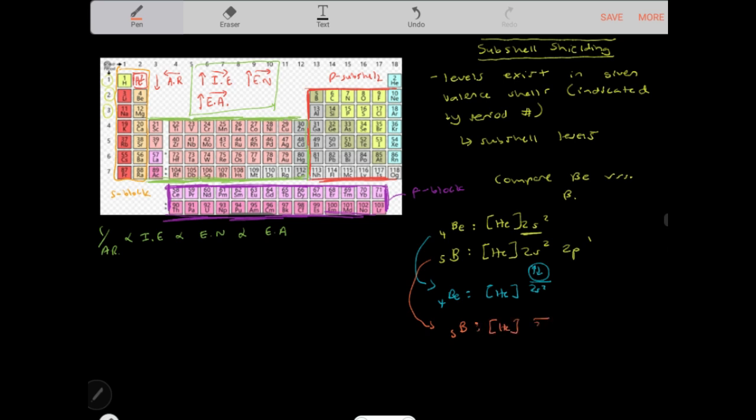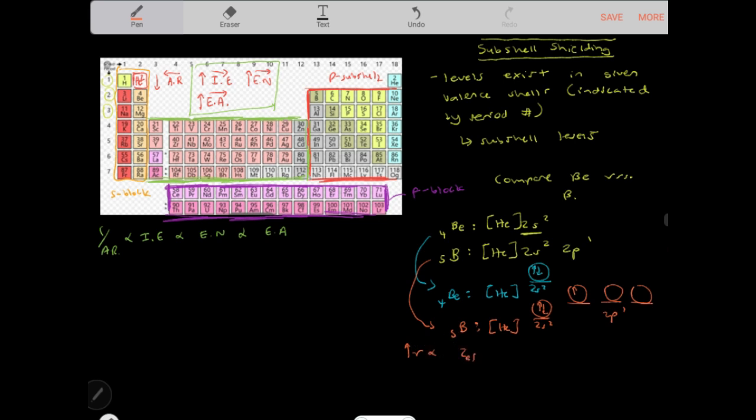We have 2s2, and we also have the p subshell. So this valence electron, which fills one of the p subshells, is really far away from the nucleus. So when you move to a different subshell within the shell, you're actually further away from the nucleus. And because you're further away from the nucleus, the separation distance increases.